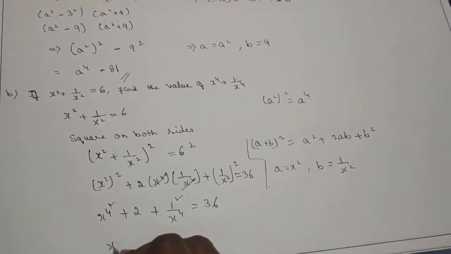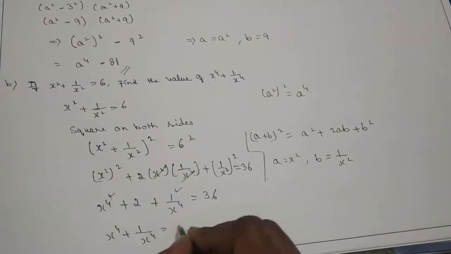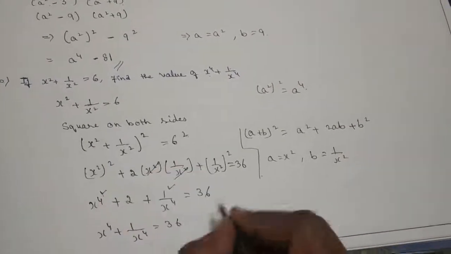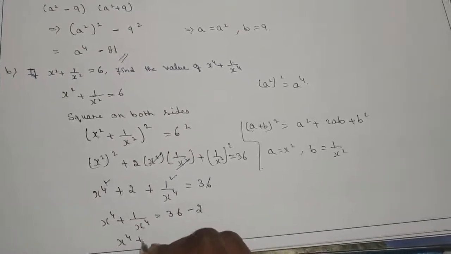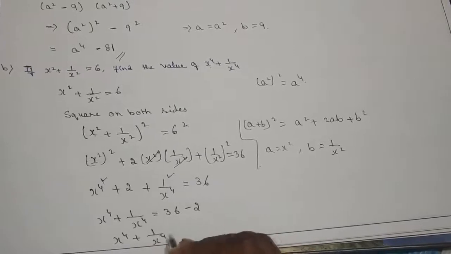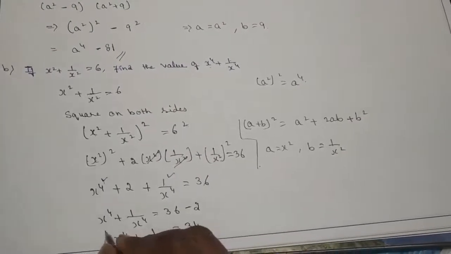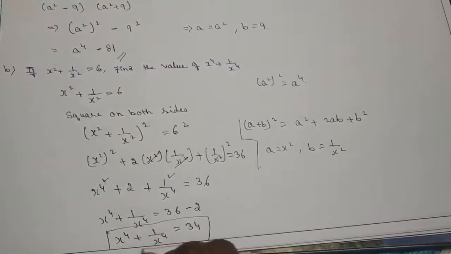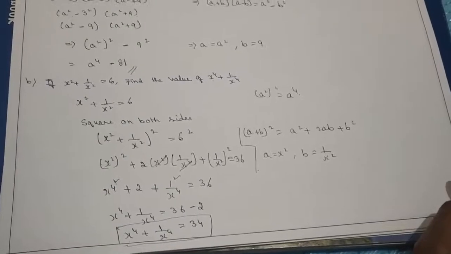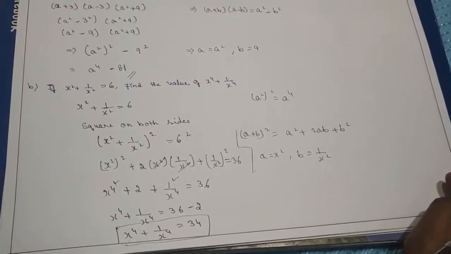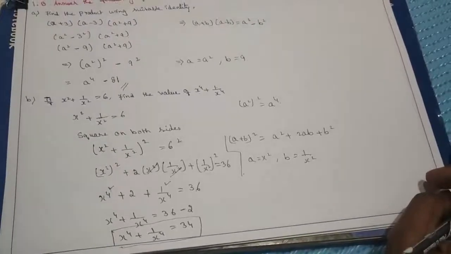X power 4 plus 1 by x power 4 equal to 36 plus 2 changes to minus 2. Then x power 4 plus 1 by x power 4 equal to 34. This is the value he is asking for. That is, x power 4 plus 1 by x power 4 equal to 34. Clear, children? These questions are all very important for the higher classes, children.